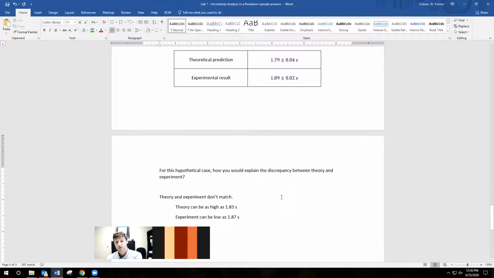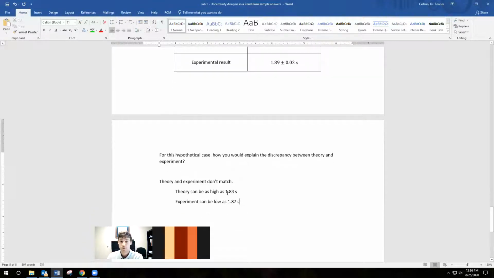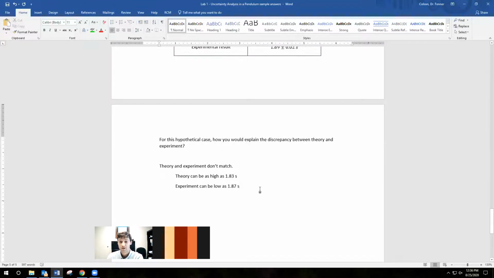So clearly, with these significant figures that we know to, those results don't match. And so how could you explain this discrepancy?